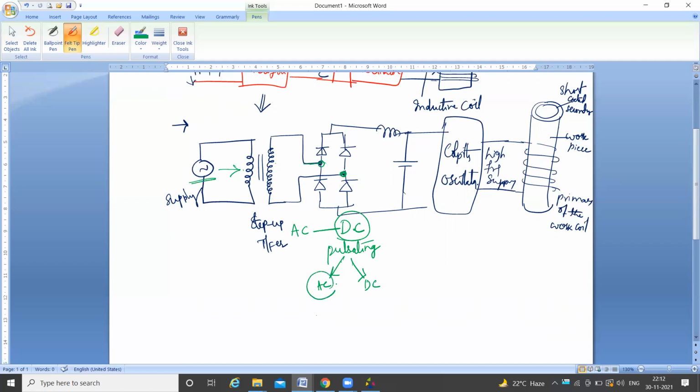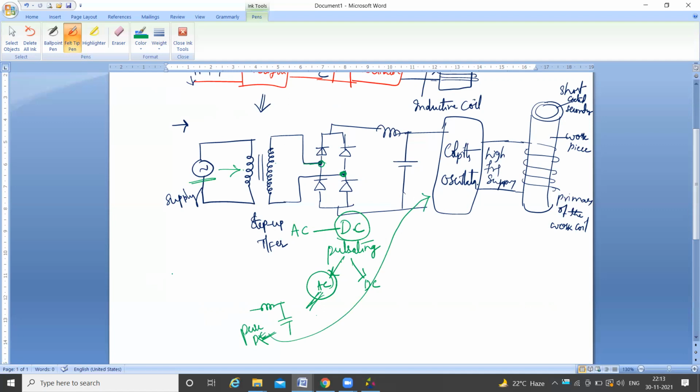These AC ripples are eliminated by the filter. These AC ripples are filtered by the LC filter, and here we get a pure DC signal. Now this pure DC signal is applied to the Colpitts oscillator.